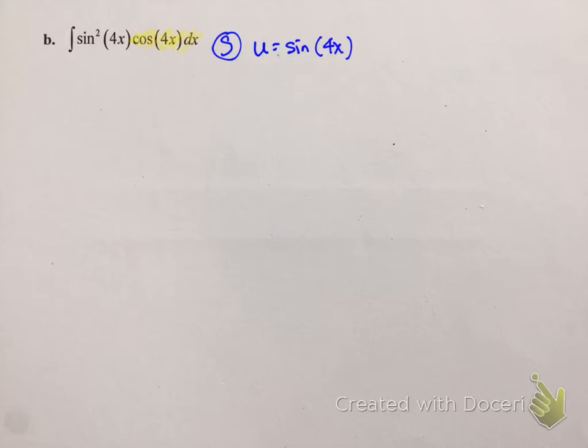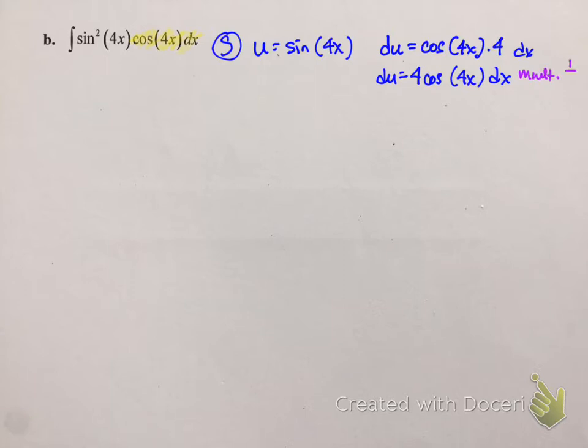And if I take the derivative of that, the derivative of u is du, and the derivative of sine of 4x is cosine 4x, and then I have to use the chain rule for the inside, which is 4x, so that's going to be times 4. So du equals 4 times cosine of 4x dx. Okay? That doesn't 100% look like my leftover because I have a 4 in front of cosine of 4x, but I know I can multiply by a constant to make them match.